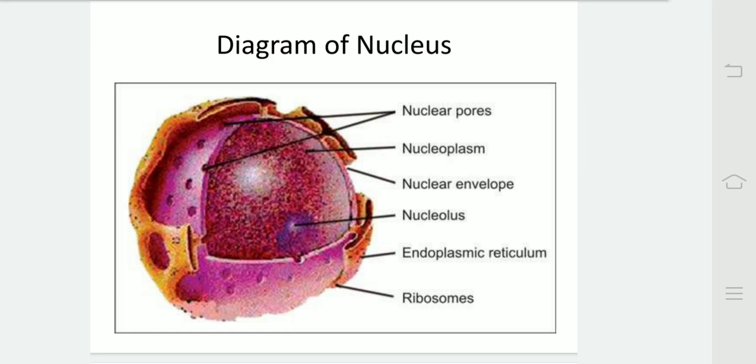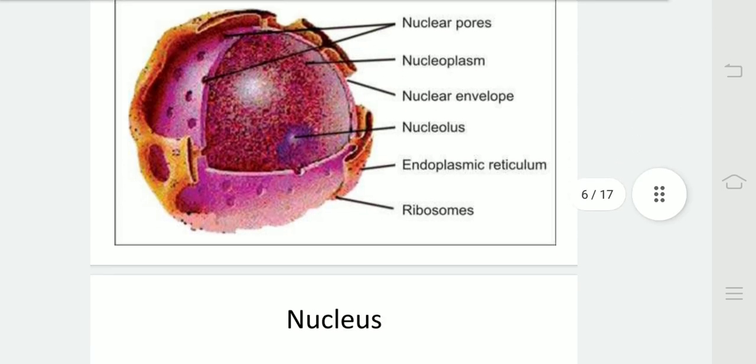This is a diagram showing the nucleus. The outermost layer is the endoplasmic reticulum, and within this is the nuclear membrane and nuclear pore, and within this is the nucleoplasm, and finally there is the nucleolus.